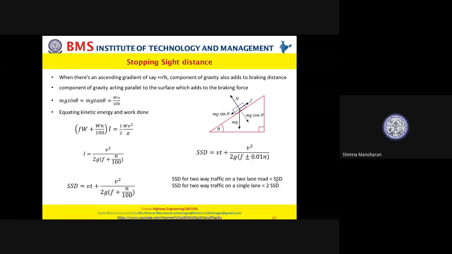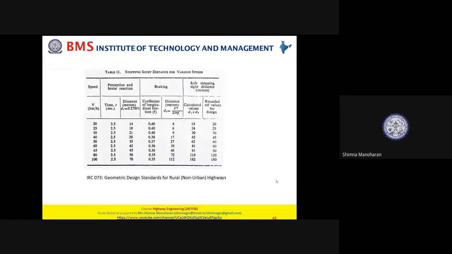Yeah, 61.4. Good, Sneha. So for two-way traffic on a two-lane road, SSD is the same SSD that we have computed. But what about SSD for two-way traffic on a single lane? That will be twice. Very good. So that is 122.8.